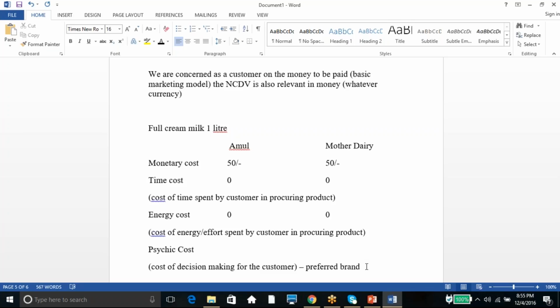And the reason that this is expected, and this will happen, is the reason why you go into segmentation, targeting, and positioning, which is the next thing we'll take up. Because in segmentation, targeting, and positioning, you are trying to find that homogeneous group of customers who are going to derive the maximum value.